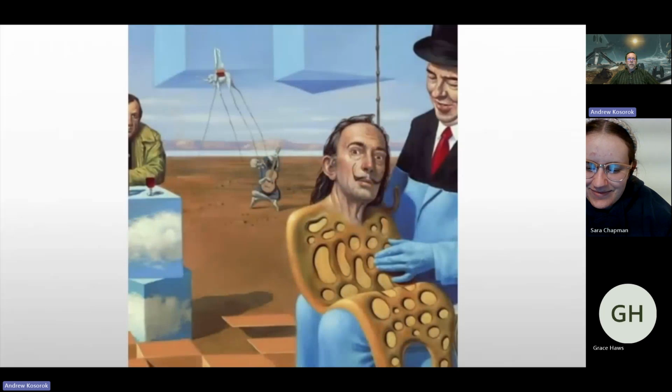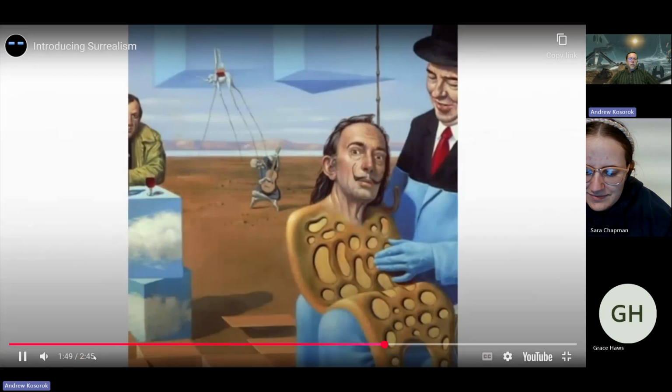So they want to bring the inner reality and the outer reality together. They want to make concrete that which is not. They want to bring dreams and the unconscious into sort of a conscience. So what's interesting is that they are addressing something that is meta, that lives in that meta realm, where Dada would show things that didn't make a lot of sense to get you to think about it.